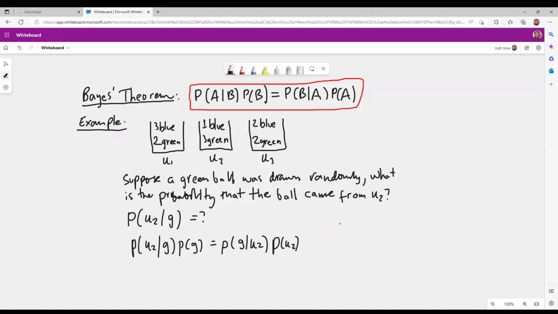In particular, we found out from a previous video that the probability of drawing a green ball randomly is equal to 11 over 20. And we were able to obtain this value by the law of total probability.